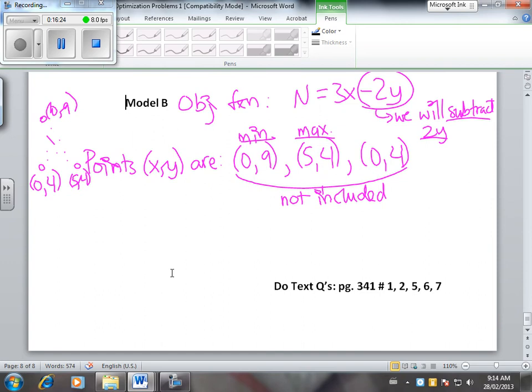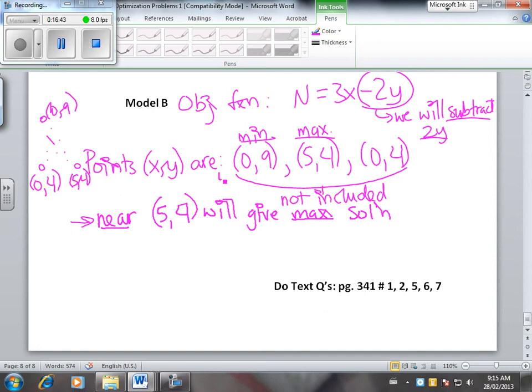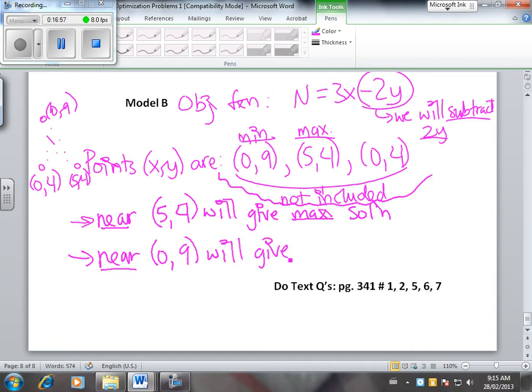So for our solutions, we would say near 5, 4 will give the maximum solution. I'll separate that a little bit. And then near 0, 9 will give the minimum solution.